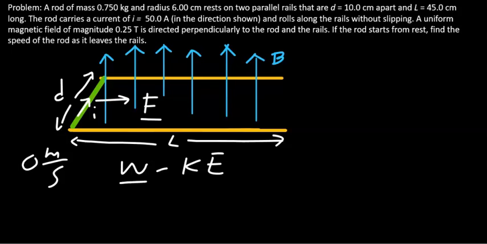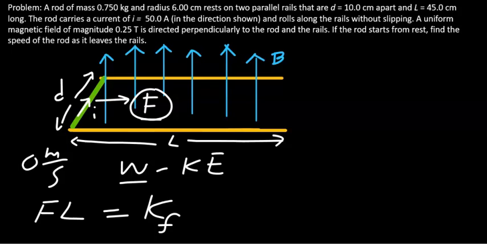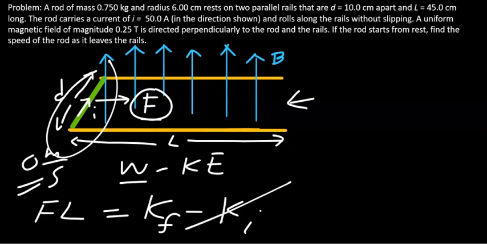The work is work done by this magnetic force on this rod as it moves a length capital L. So that is F times L, and this work by the magnetic force equals the change in the kinetic energy of the rod. The final kinetic energy, namely the kinetic energy of the rod when the rod is at the end of the rail, minus the initial kinetic energy, namely the kinetic energy at the beginning. We know it starts from rest, so it does not have any initial kinetic energy.